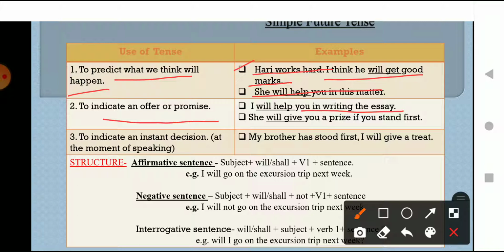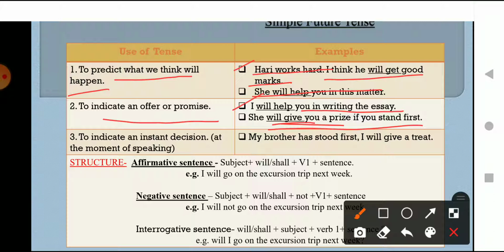It means that if I am saying this, I want to help the other person in writing his essay. The second example is: she will give you a prize if you stand first. What it means is that she will give you a prize.